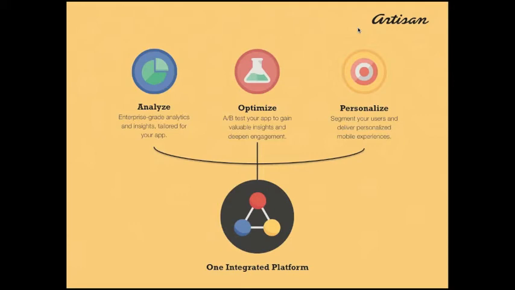So again, all the capabilities that we're very familiar with from the web, Artisan has brought to the actual native app itself. The third capability that Scott will be demonstrating today is Personalize. And Personalize allows you to define specific user segments for your personalization capabilities.